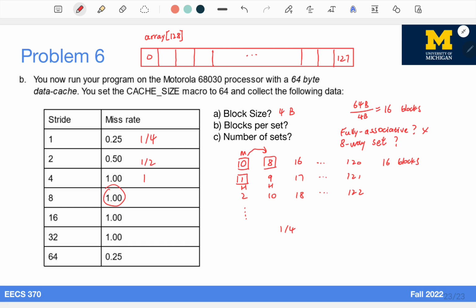And this will be consistent with our question because these 16 blocks cannot be held within the 8-way set, and we have to evict some old blocks in one inner loop. And that's why when we come back to the first block in the next iteration, that block has already been evicted, and we will have a cache miss.